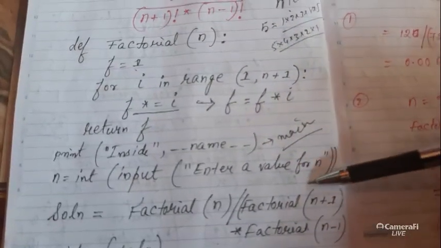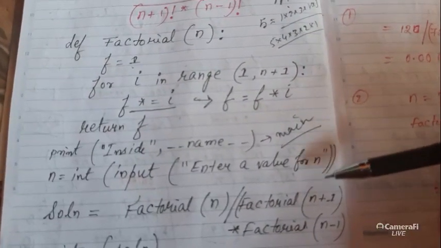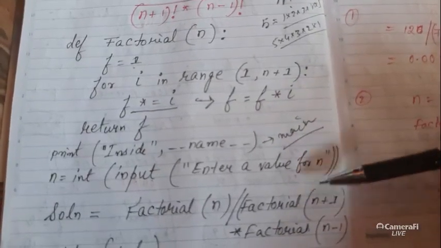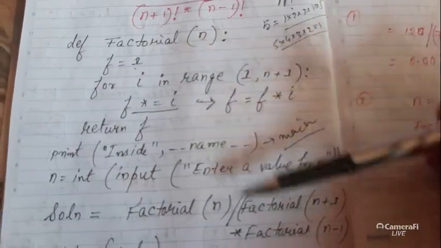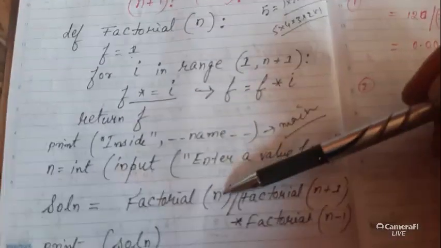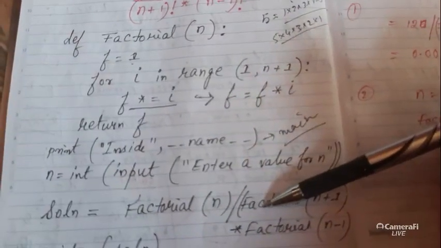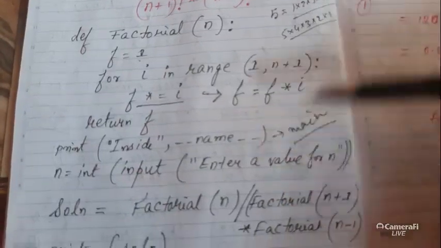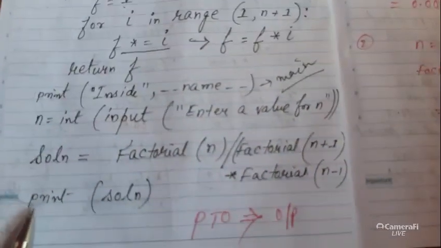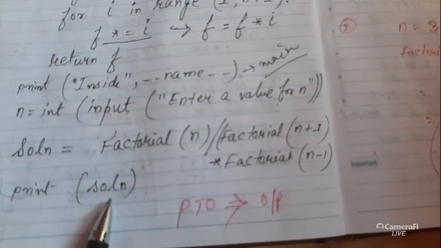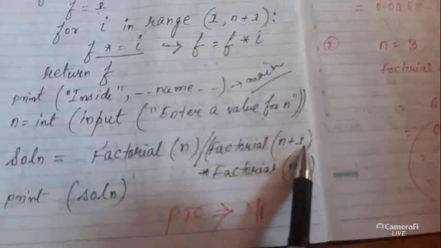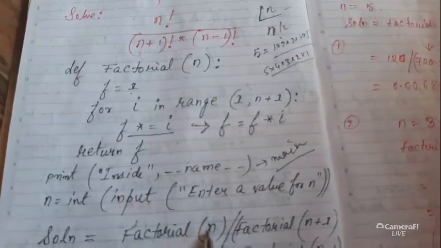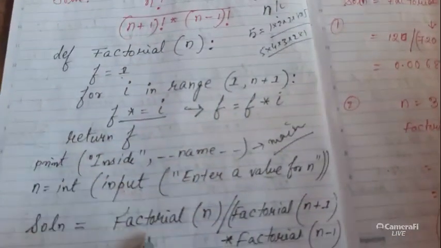If you write any expression like n plus 1, a mathematical expression, that can also be sent. These are the general things about functions. Whenever you are working with a function, you have to know the varieties of it, how it actually works. Then print solution.